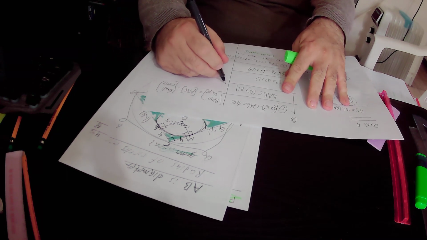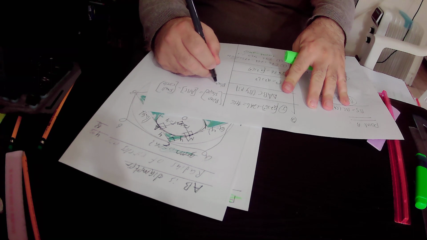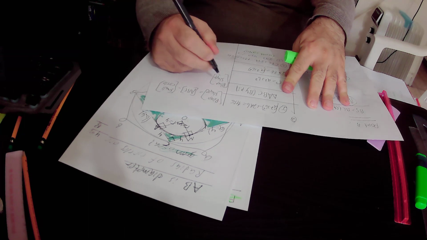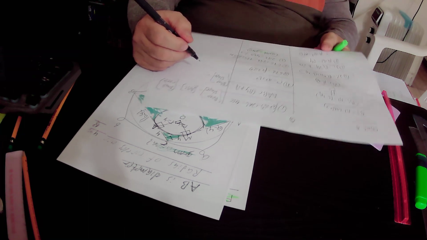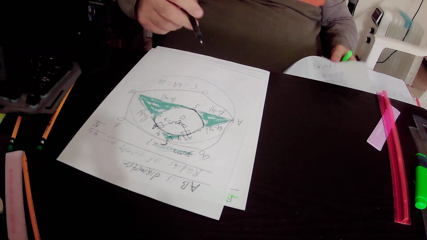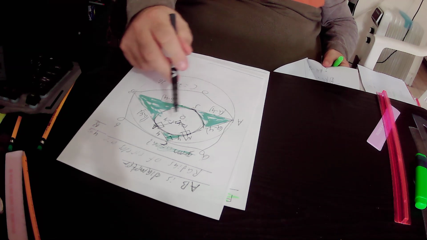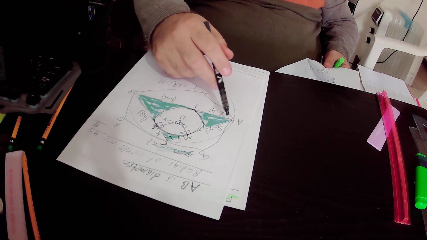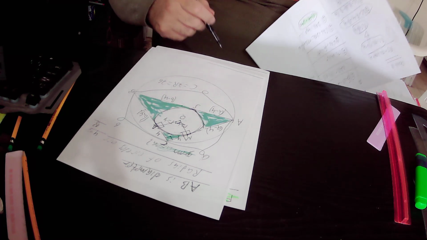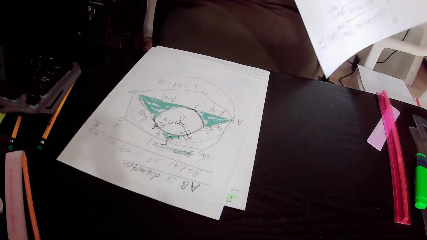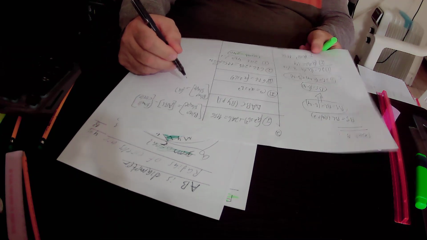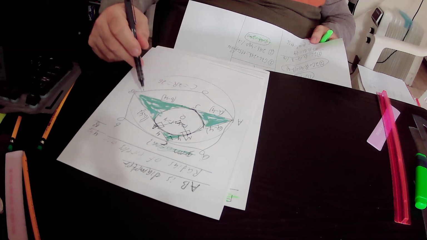So the area of the blue shape is equal to the area of triangle ABC. The area of triangle ABC equals the base of the triangle, that is AC, which equals A, times the height to the base.